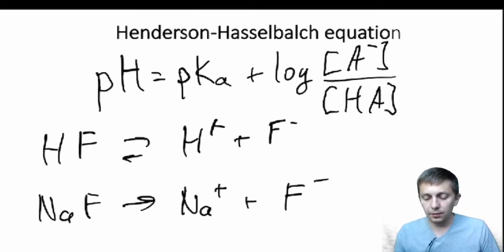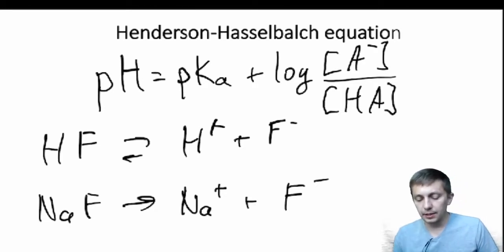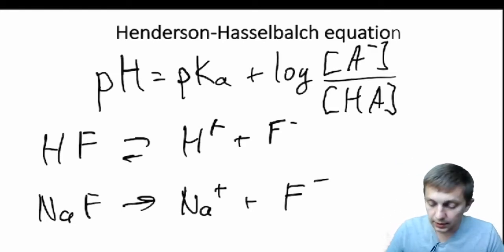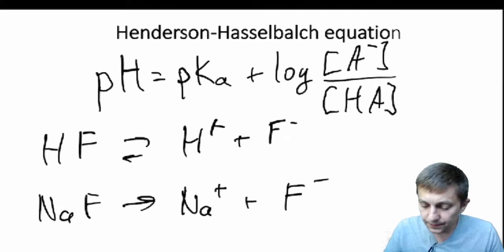So if we're dealing with a mixture of acid and salt of a weak acid, or base and salt of a weak base, we can use the Henderson-Hasselbalch equation for quick calculation.